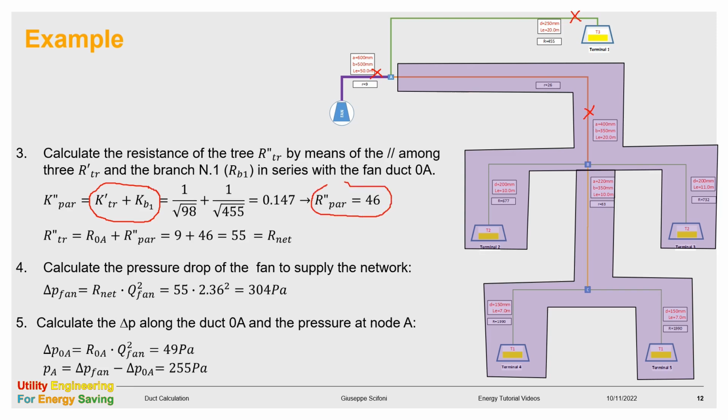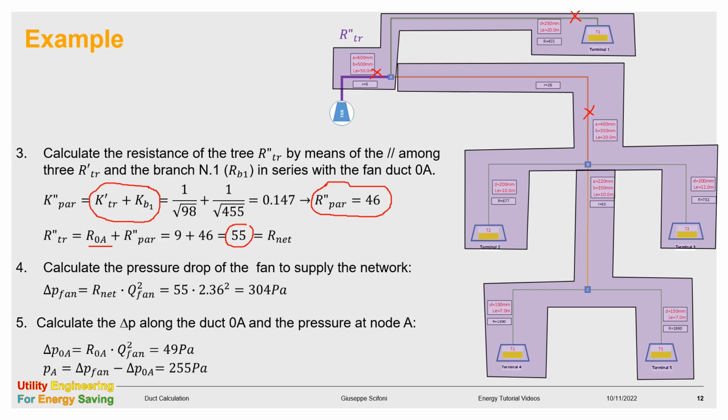From the conductance of the parallel, we get the resistance, and then we add the resistance of the parallel with the resistance of the duct upstream, getting 55. That is the resistance of the complete network.